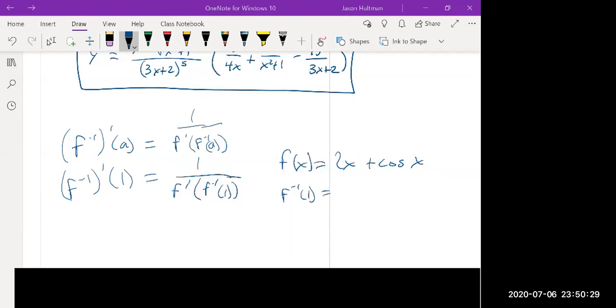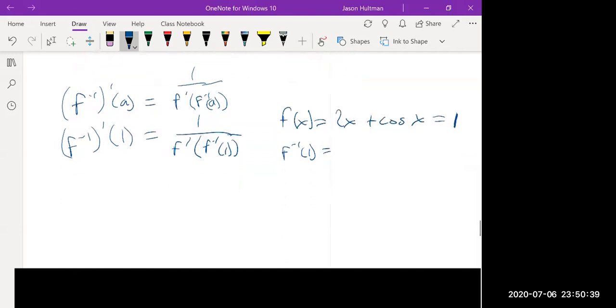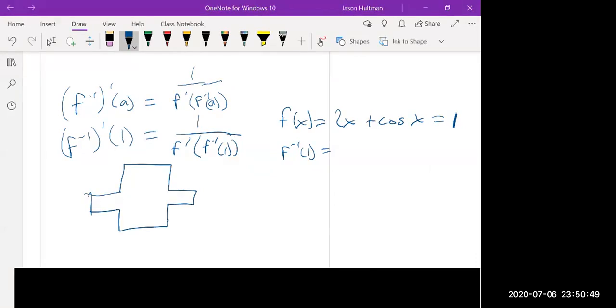So 2x plus cosine x, I want this to be equal to 1. If you think about inputs and outputs, this is f of x, and these are called function machines.